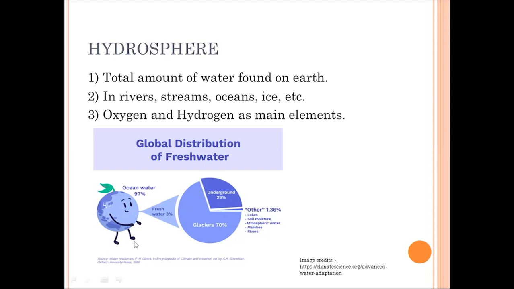Again, of the accessible water, most of it is in the form of groundwater, and a very small percent, that is 1.36, is surface water. The main elements of water are oxygen and hydrogen. Water is very, very important for the survival of all living beings.